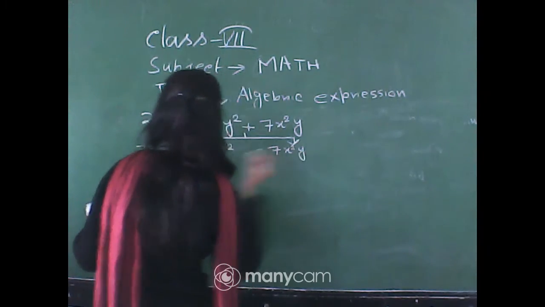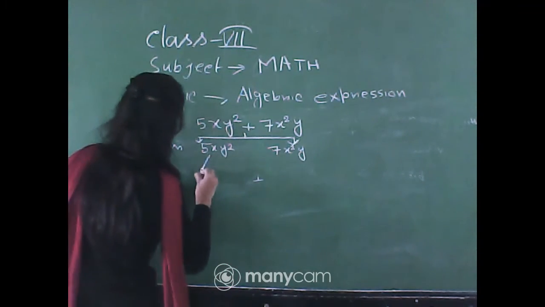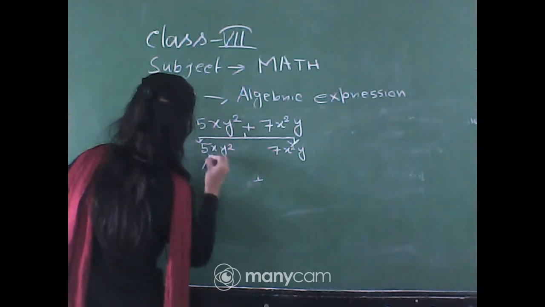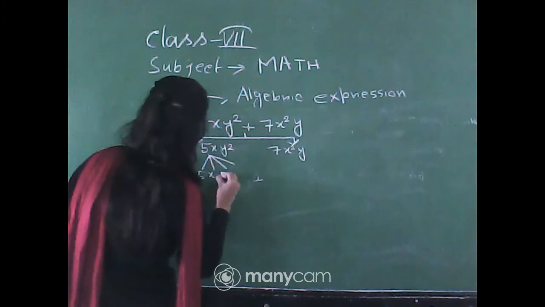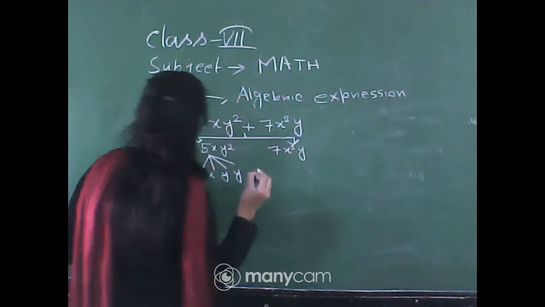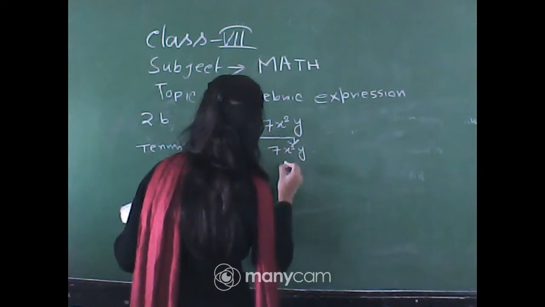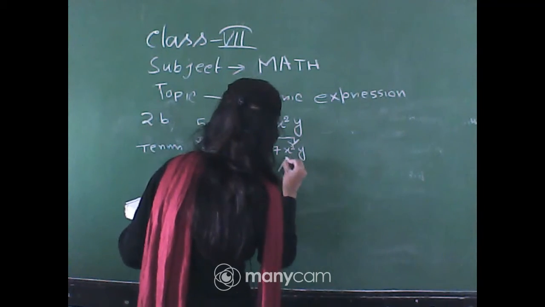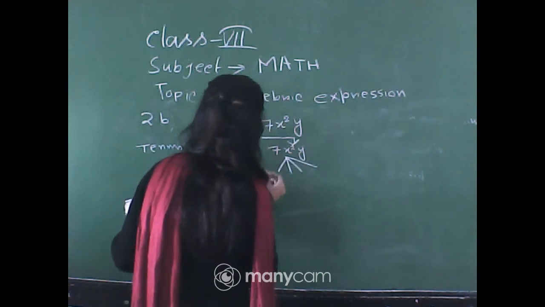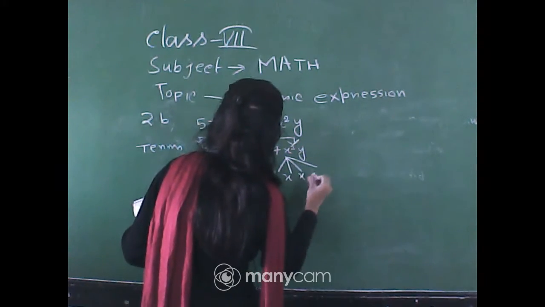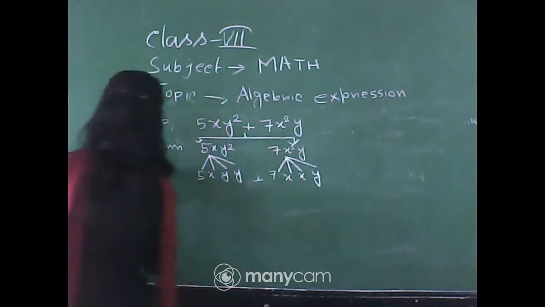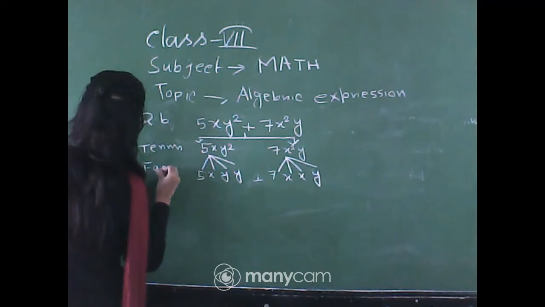Now, the term 5xy square is the product of the factors 5x, y and y. Similarly, 7x square y is the product of the factors 7, x, x and y. These are the factors of the terms.